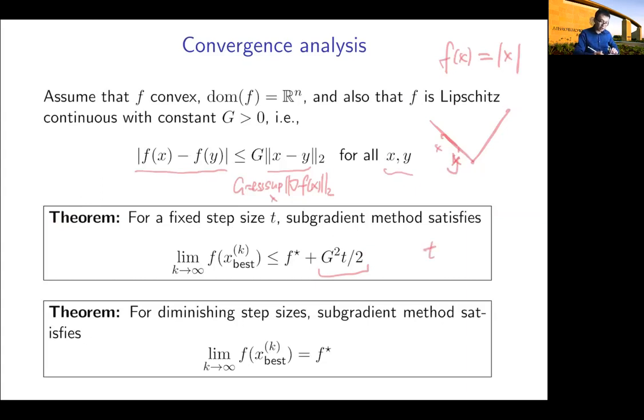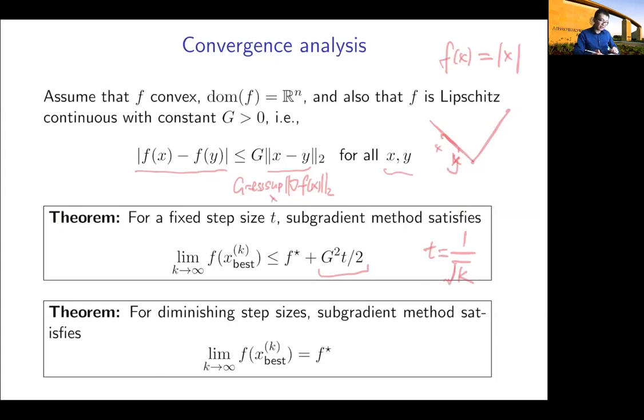Suppose we want to run this for k iterations. We can choose t to be, say, 1 over square root of k, and then hopefully with that many iterations alone, it's going to converge to this 1 over square root of k neighborhood. We'll see how that works very shortly.